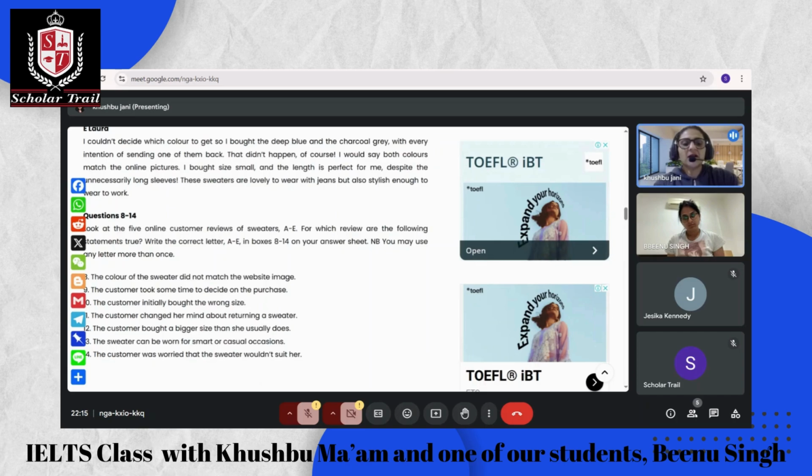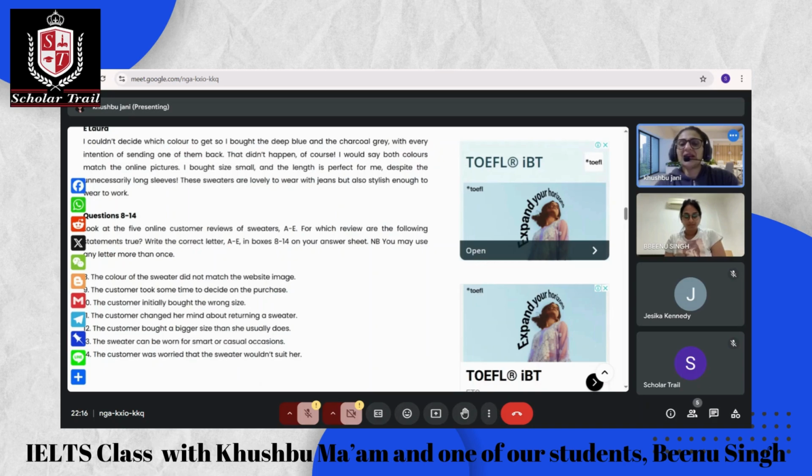The customer changed her mind about returning a sweater. The customer bought a bigger size than she usually does, so she bought a bigger size than what she normally orders. The sweater can be worn for smart or casual occasions, so it's a multi-purpose sweater.